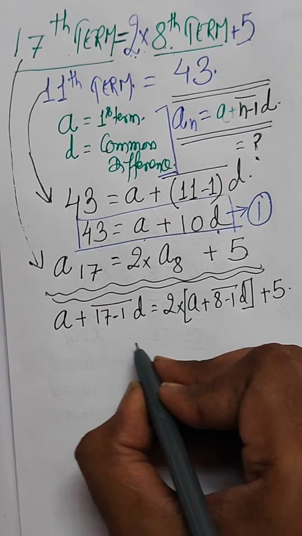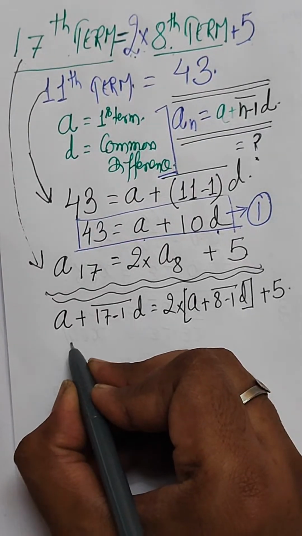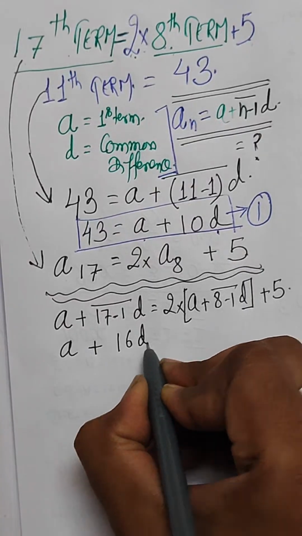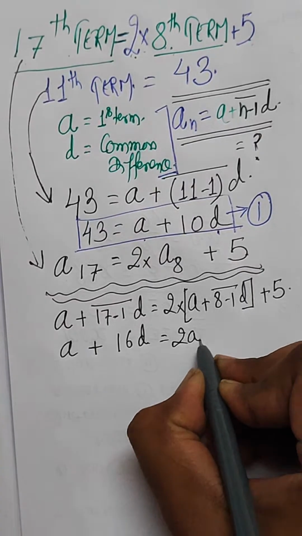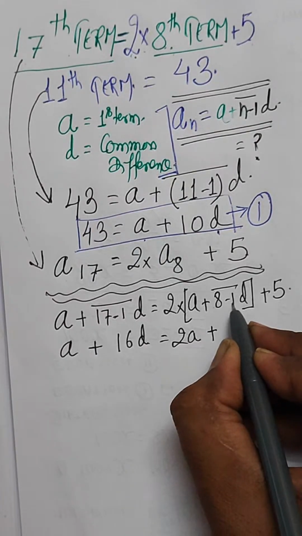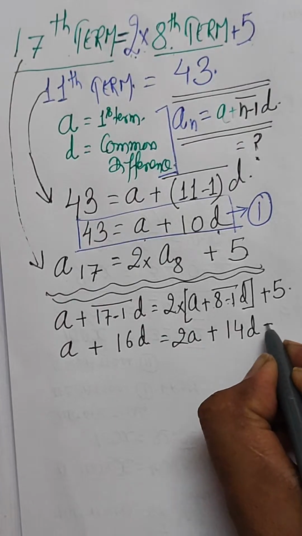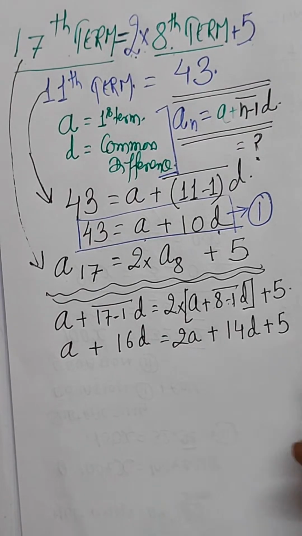So this will give you A plus 16D is equal to 2A plus 8 minus 1 is 7, so 2 into 7, that will be 14D plus 5.